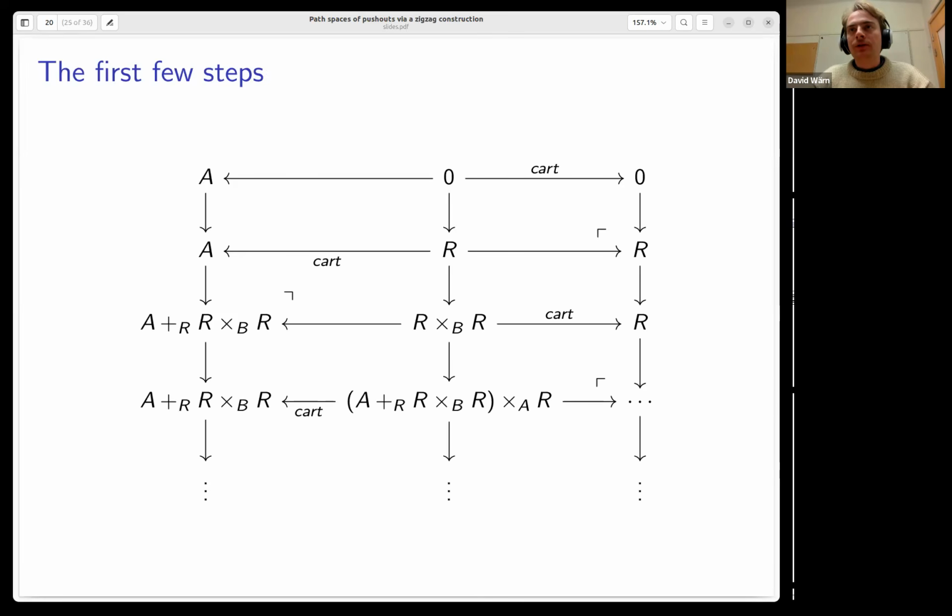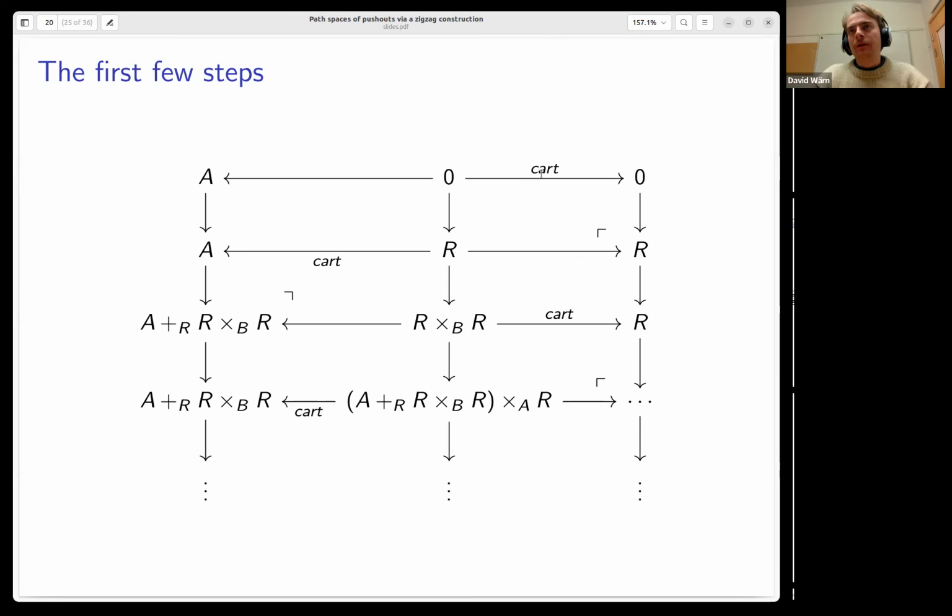And here's a picture just showing the first few steps of this diagrammatic perspective, starting from the span A, 0, 0. This shows what happens when you alternate these steps. You can see the first few rows are simpler, and then it becomes more complicated to write down in this notation.